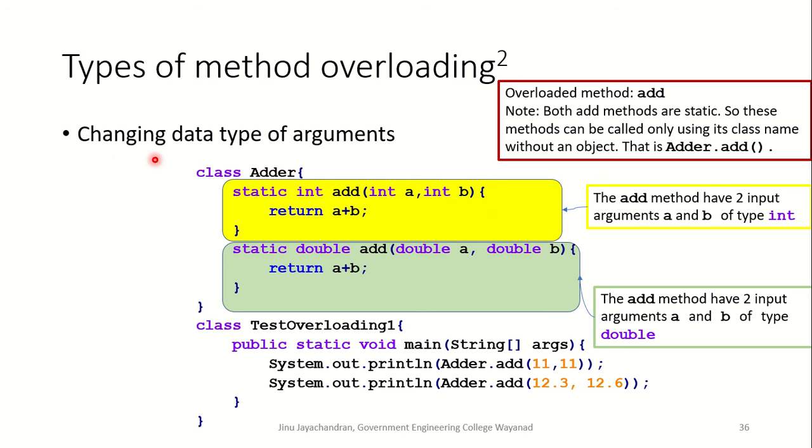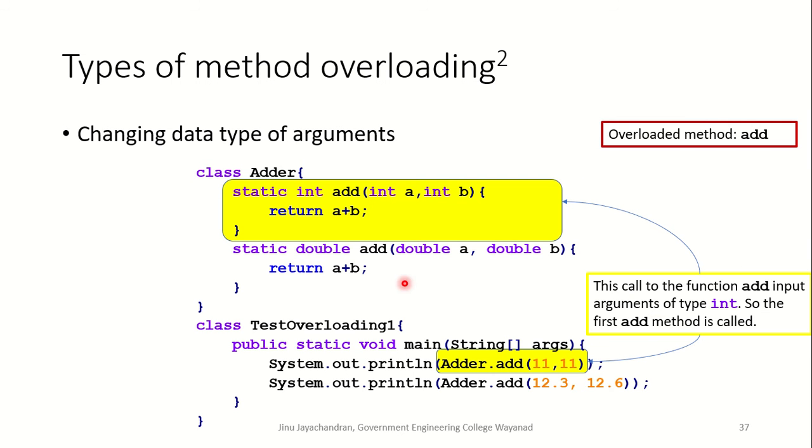The next type of method overloading is by data type change. Again the same example, but the input arguments for both overloaded add methods are the same in number; they differ in the type of data. Even if one of the arguments' data type is different, the compiler will treat it as an overloaded method.